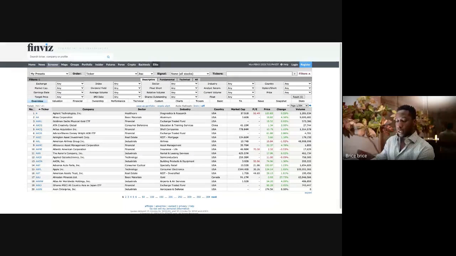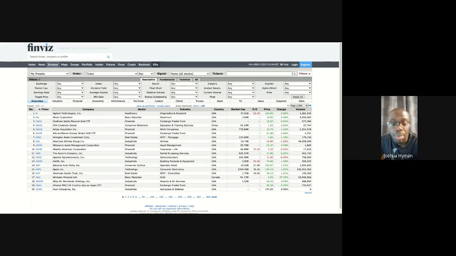Okay, there is another question from Mami. She's asking, if I want to screen for currently oversold, cheap, but good companies, what filters are you going to use for that? You want to use the PE ratio. If you're looking for undervalued, usually you want a number that's under 13.